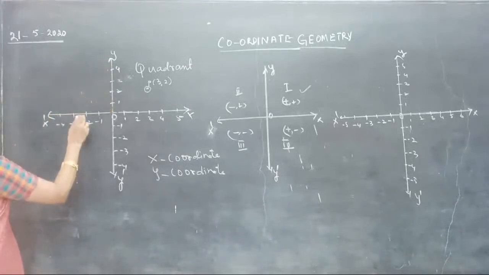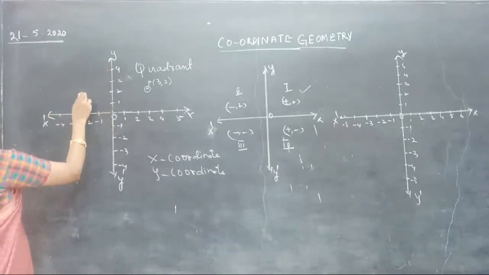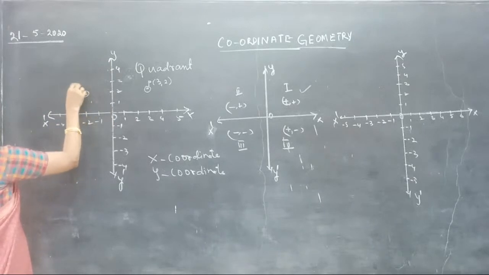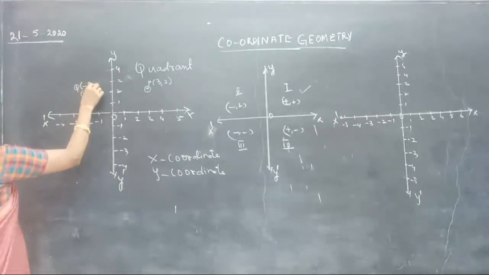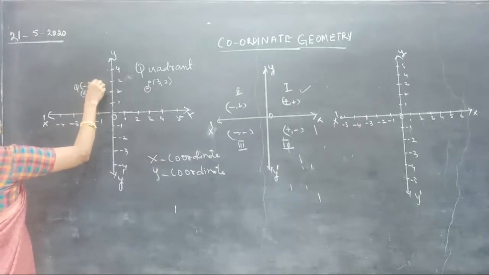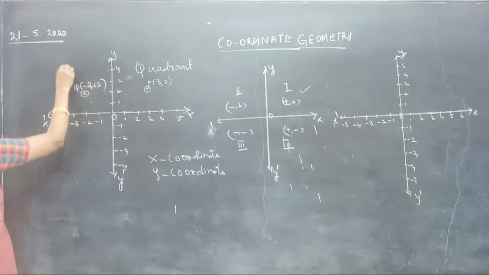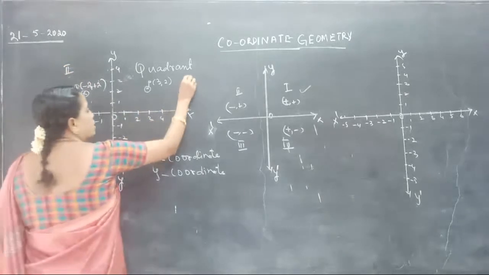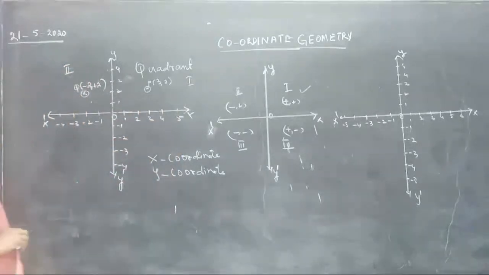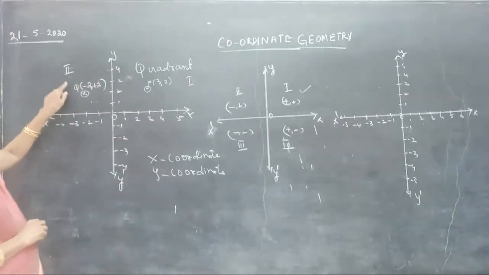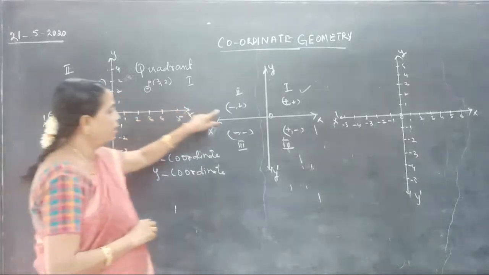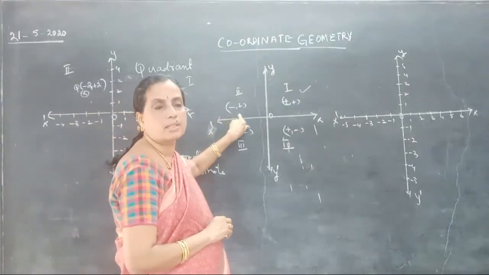So the point here we name it Q, (-2, 2), minus plus. So this is the second quadrant, this is the first quadrant. The sign of the second quadrant is minus plus. I have located it here, minus plus.